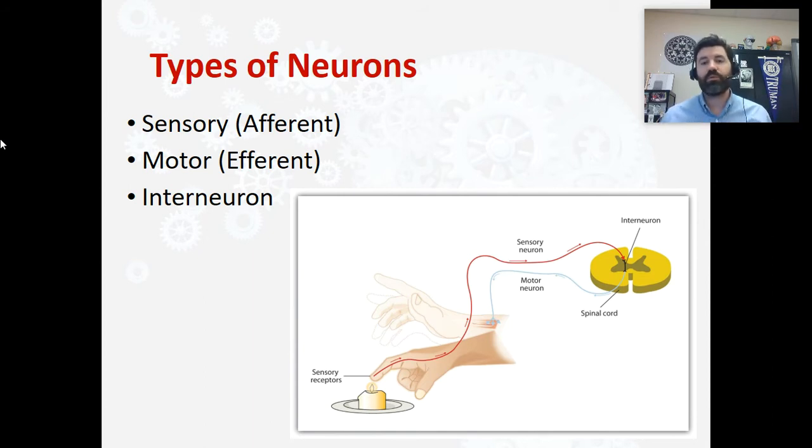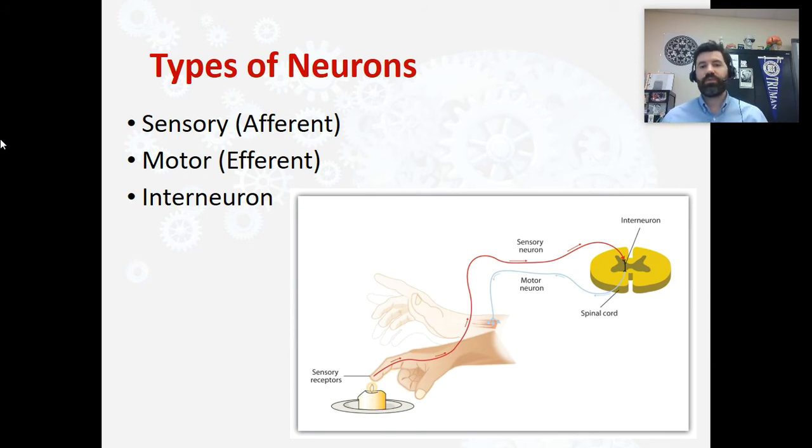Those are just some fancy words for the exact same thing. So you might see sensory neurons written as afferent neurons with an A, and you may see motor neurons written as efferent neurons with an E. Easy way to remember this, think they are the same, S-A-M-E. Sensory is the same as afferent, motor is the same as efferent.